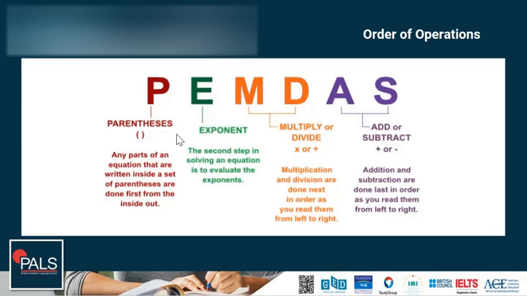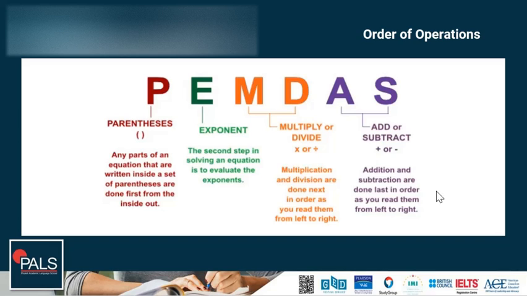Multiplication and division are done next, in order as you read them from left to right. If multiplication and division are arranged in order, you should evaluate them from left to right. The next letters are A and S. A stands for add, S stands for subtract. Addition and subtraction are done last, in order as you read them from left to right.